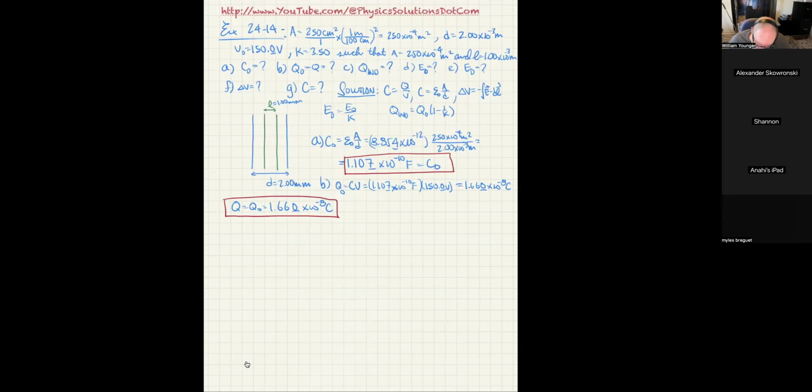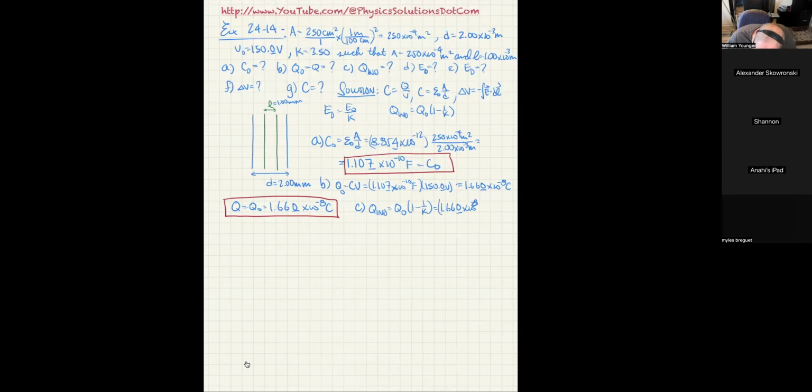Now for part C, they wanted to know Q induced, so I will say C right here. Q induced is equal to Q0 times 1 minus 1 over K. So we can see that's equal to 1.660 times 10 to the negative 8.